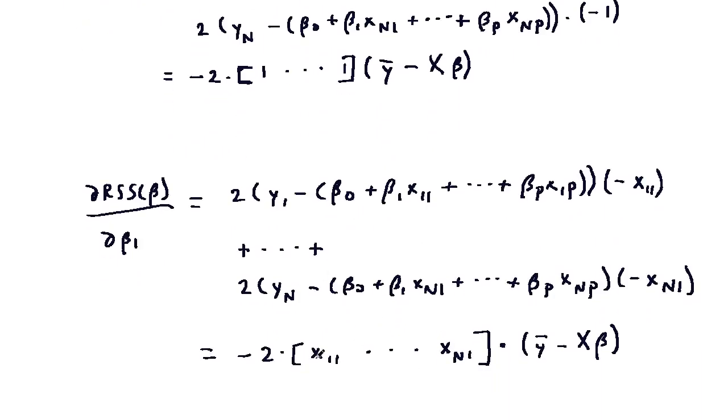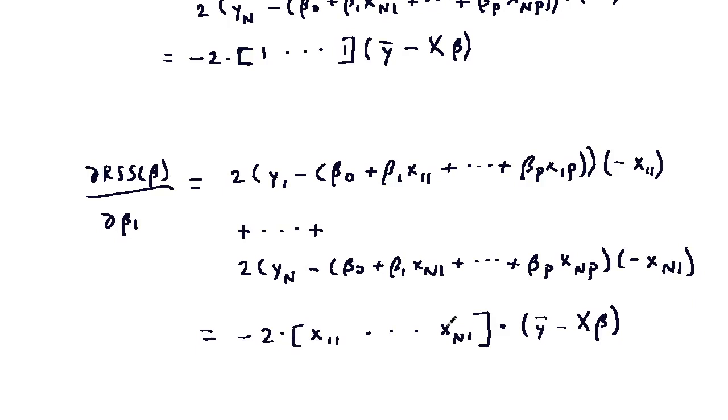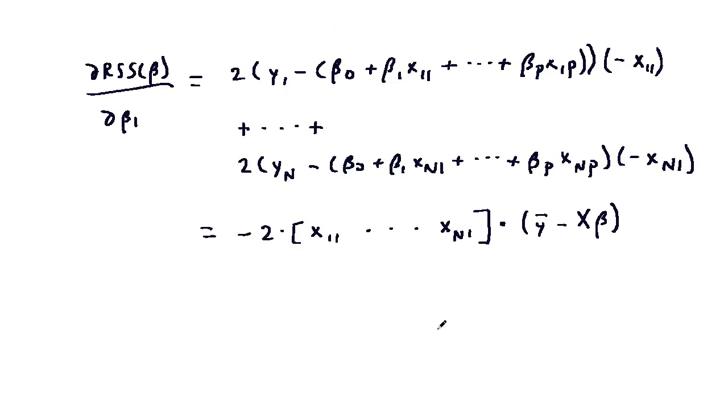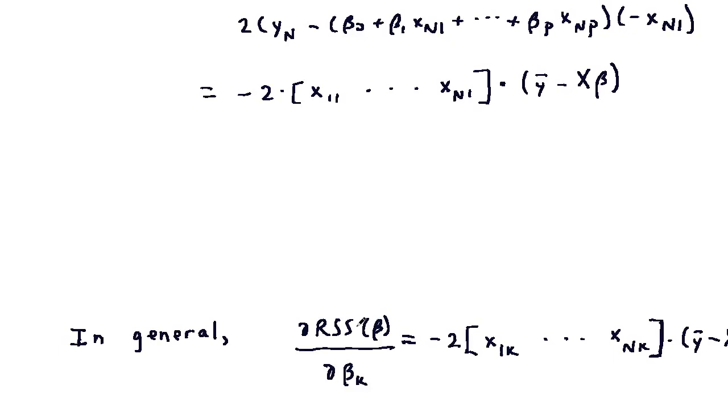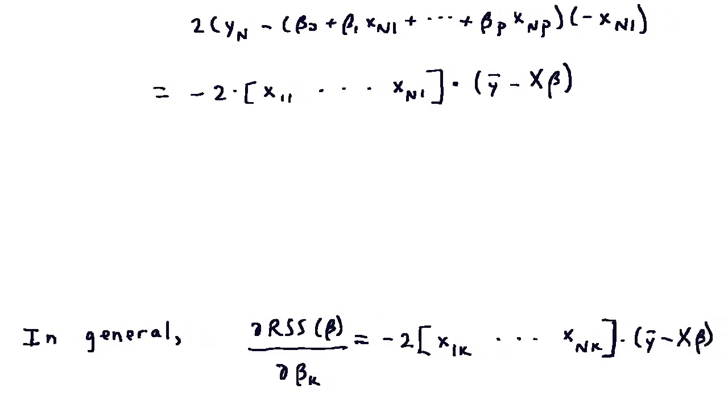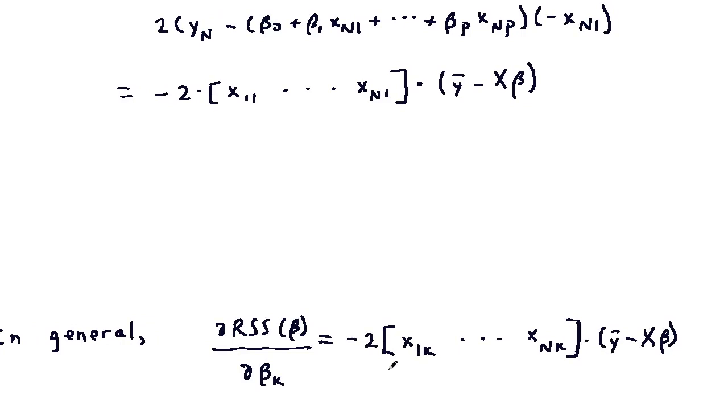But that is just equal to negative 2 times this row vector, x11 through xn1, times y minus x beta. So we see a pattern here. In general, the partial derivative of RSS of beta with respect to beta k is negative 2 times the row vector, x1k through xnk, times y minus x beta.